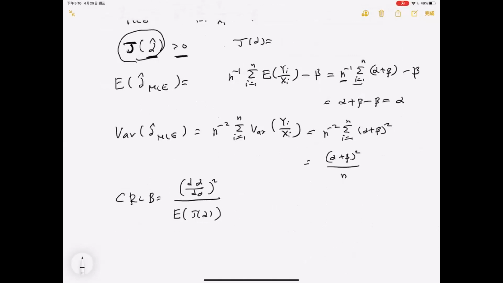Like I said, it's always using the second derivative when you do the denominator of the Cramer bound. If you only use the first derivative, you take a variance, you take a square, you take the expectation. It's sometimes hard to derive the expectation of something squared.